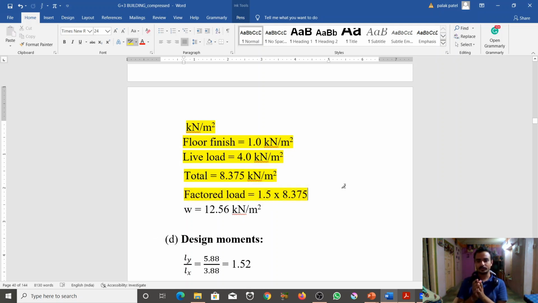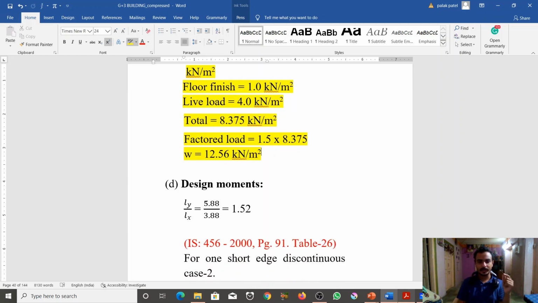Multiply by 1.5, which is the load factor. 1.5 into 8.375, so the total factored load is 12.56 kilonewton per meter square.